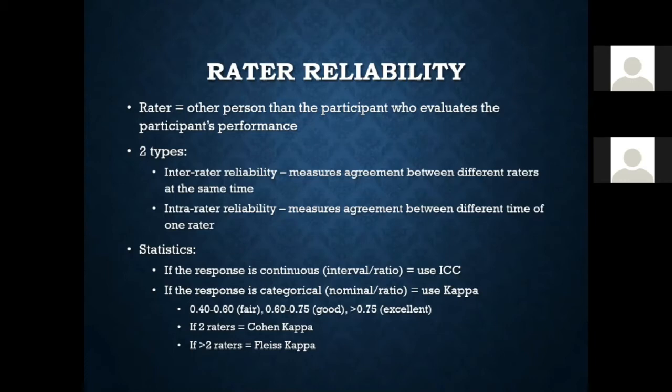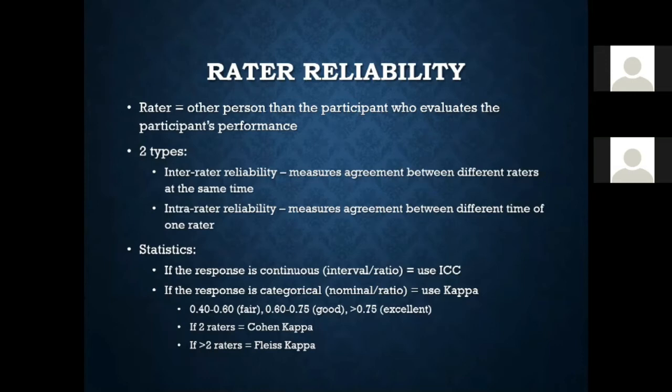If you have two raters, you can use Cohen's kappa, which can be calculated using SPSS. But if you have more than two raters, you need to use Fleiss' kappa. Fleiss' kappa cannot be calculated directly using SPSS.